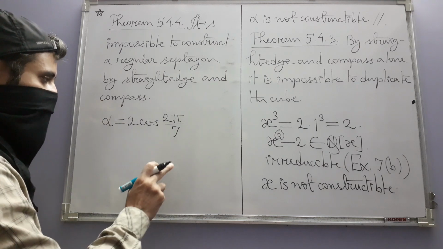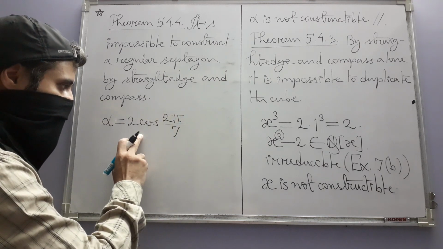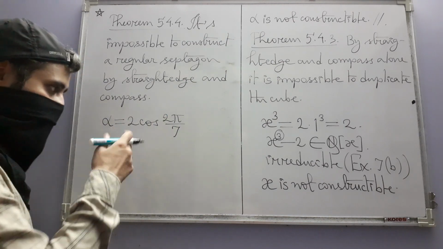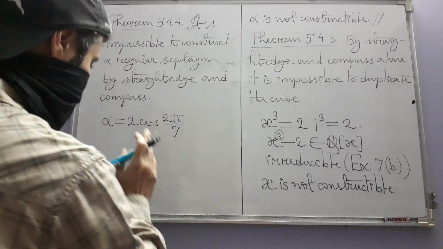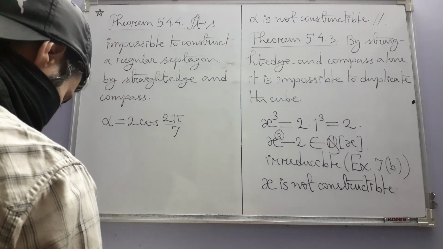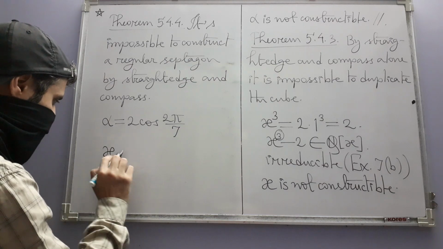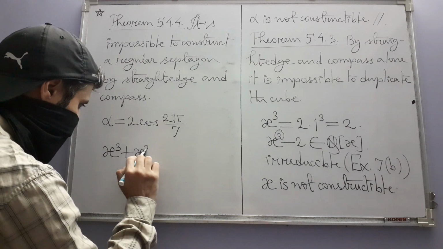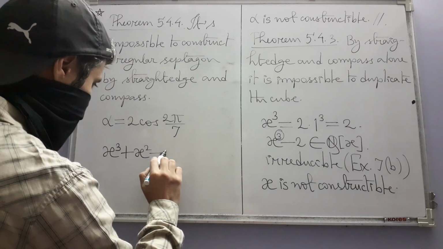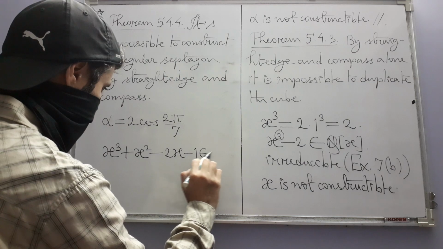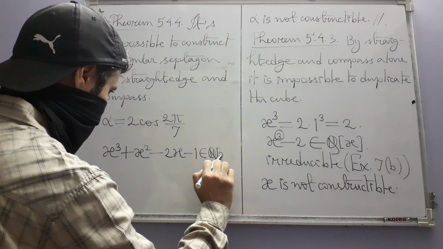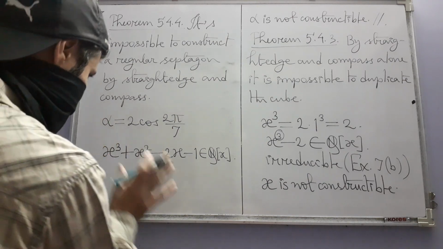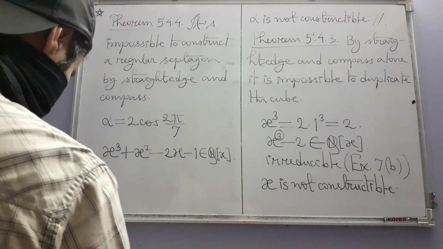So that means impossibility of constructing that angle is equivalent to impossibility of constructibility of the cosine of that angle. So 2 times the cosine of that angle, and this is impossible because there is a polynomial, and that polynomial is x cubed plus x squared minus 2x minus 1 over the field of rational numbers that this alpha satisfies, and the fact that it satisfies this polynomial is itself an exercise.